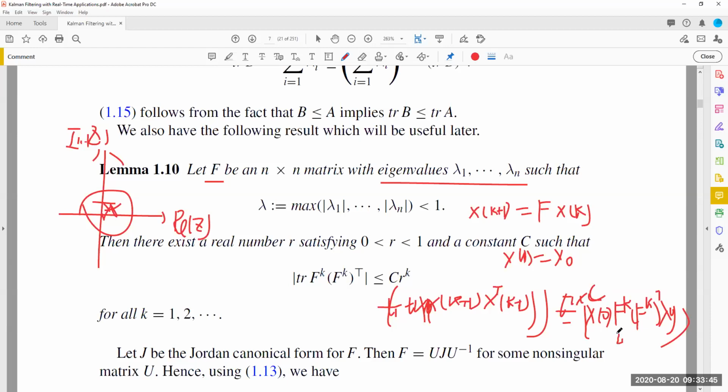So basically F is a stable matrix, and eventually this will become 0. You can bound it by something like C gamma^k times the norm of x_0. Basically this makes connections to the stability of a discrete time system. So let me stop here.